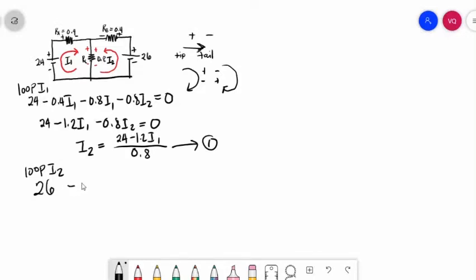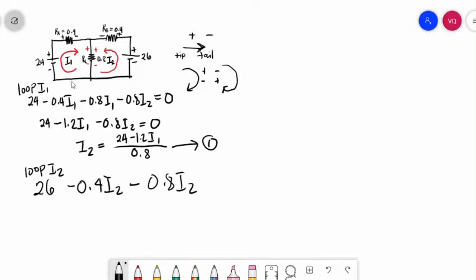Minus 0.4 I2. This loop current entered into the positive sign of RB, so you will have negative 0.4 I2. And then, loop current I2 entering into the positive sign of RL on this side, so you will have negative 0.8 I2.